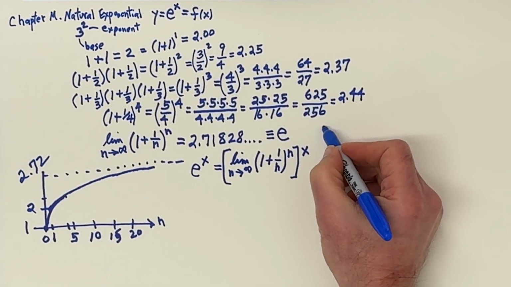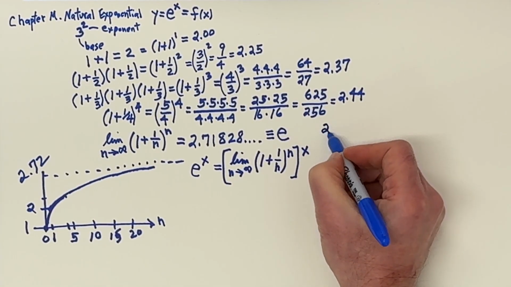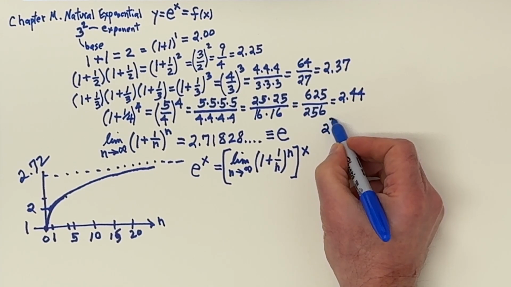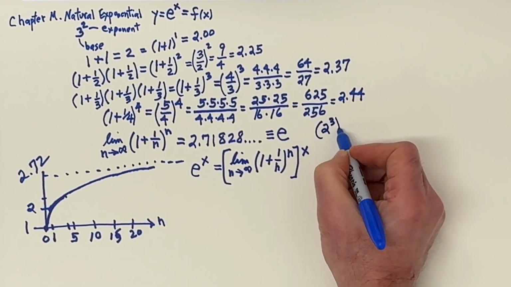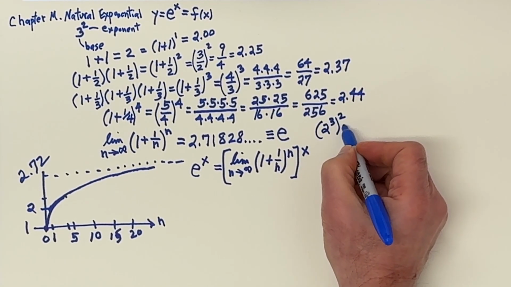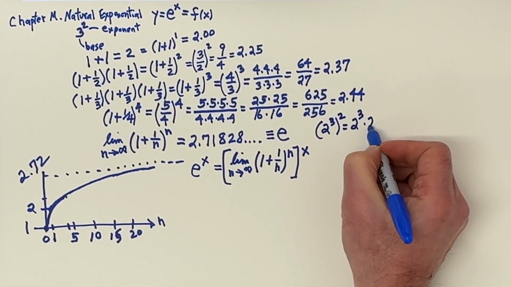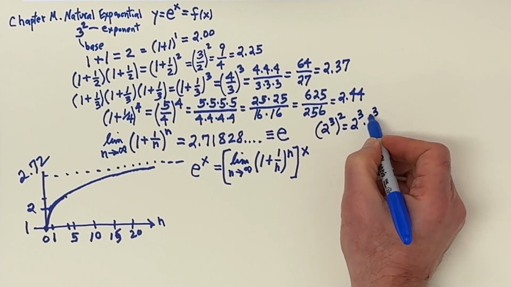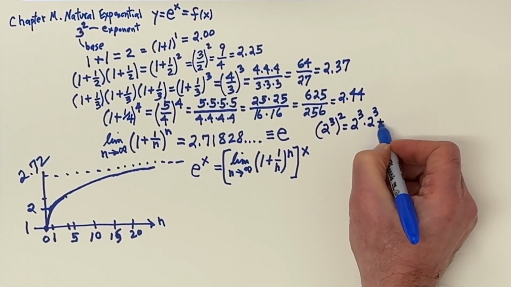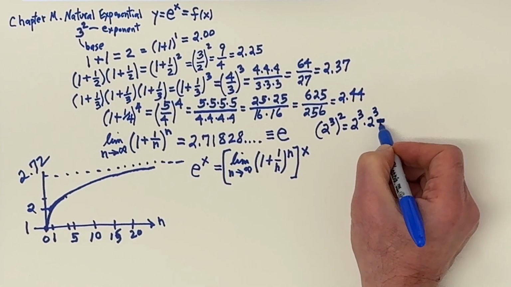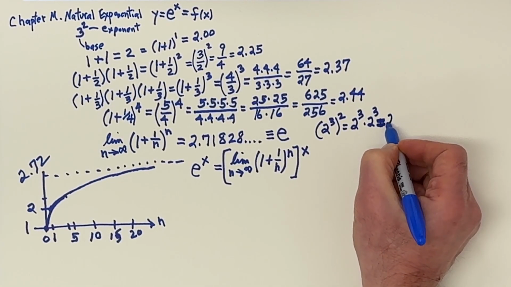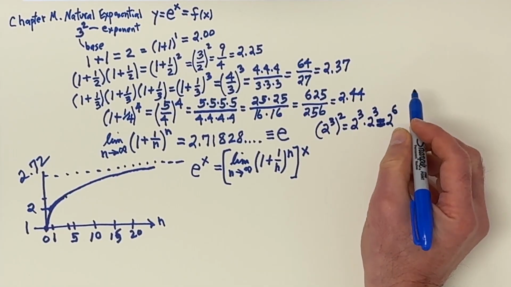Like for example, if you had taken, say, 2 cubed, and you were to go squaring that, you'd have 2 cubed times 2 cubed, and the exponents would add. So you would have here 2 to the 6th power.